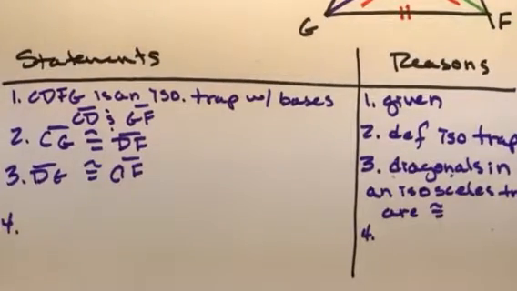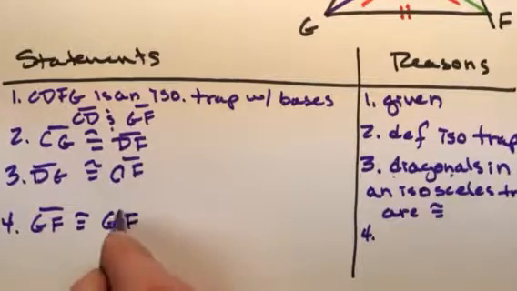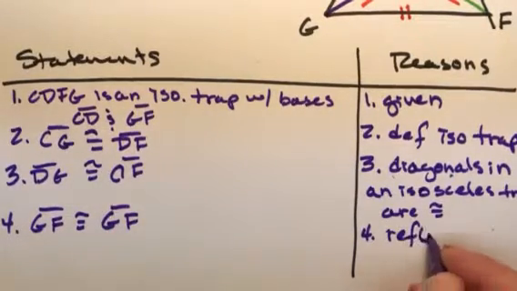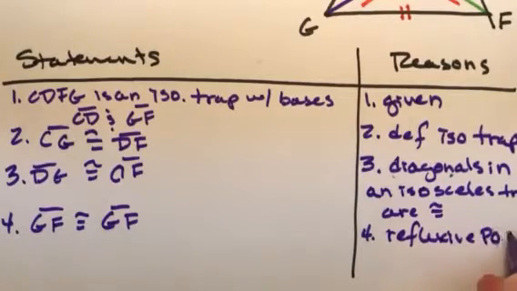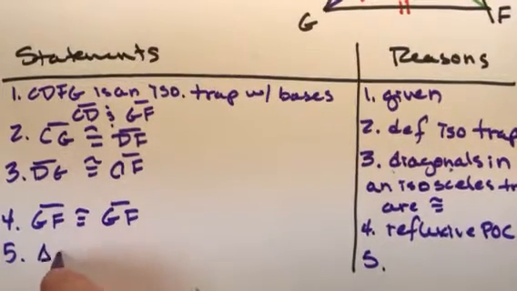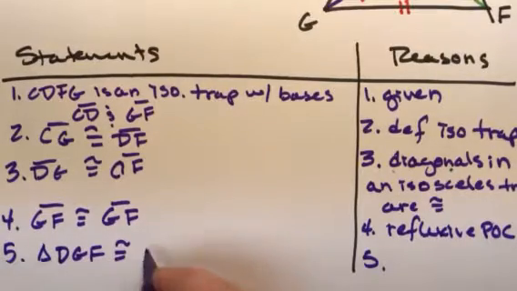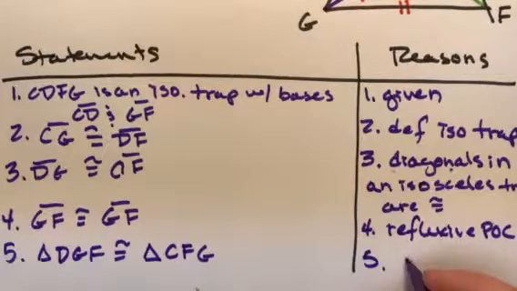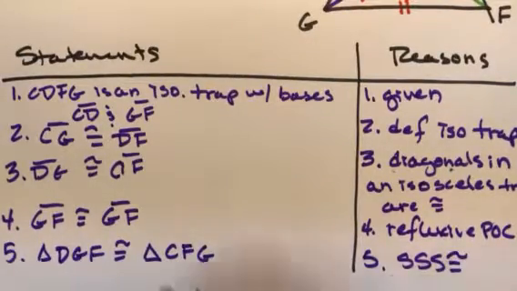Okay, 4. All right, we've said those are congruent. Now we need to say that GF is congruent to GF. That's reflexive. And then we want to say that triangle DGF is congruent to triangle CFG, and that's side, side, side congruency.